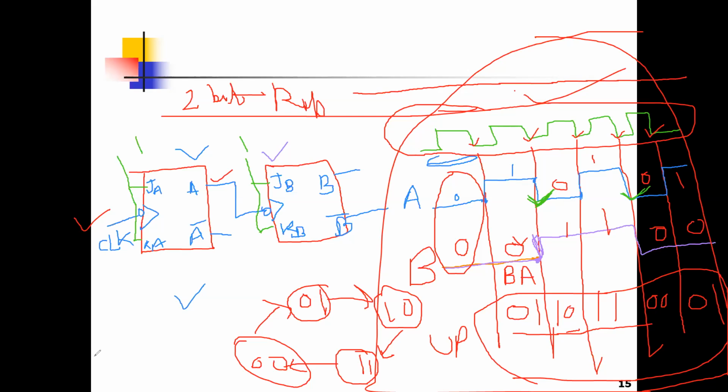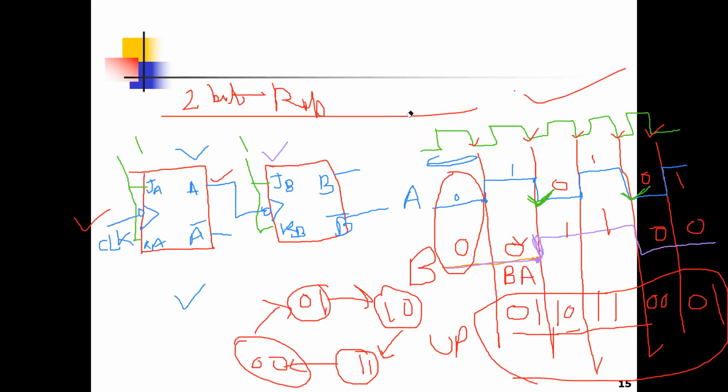You mean in the equation of the JK flip-flop? Equation? No, do you remember the truth table or not? Yes, I remember. I am talking based on the truth table.